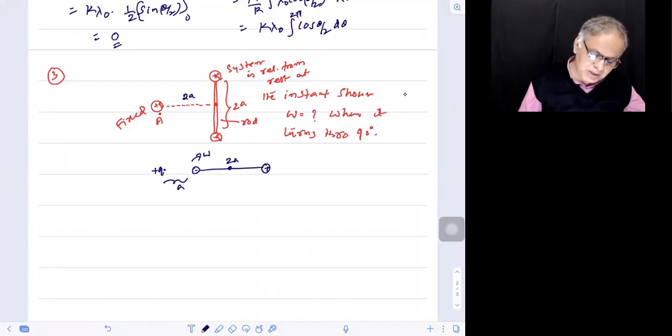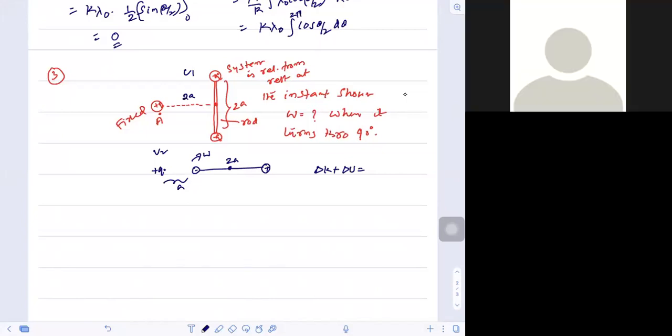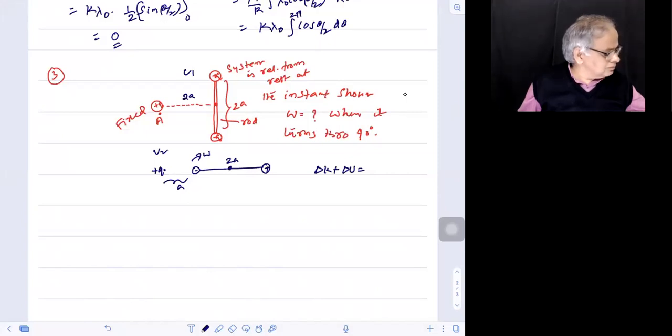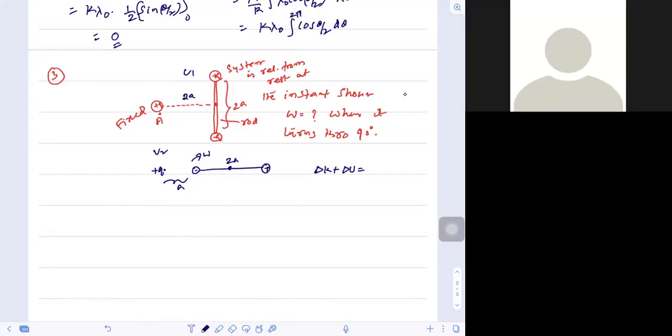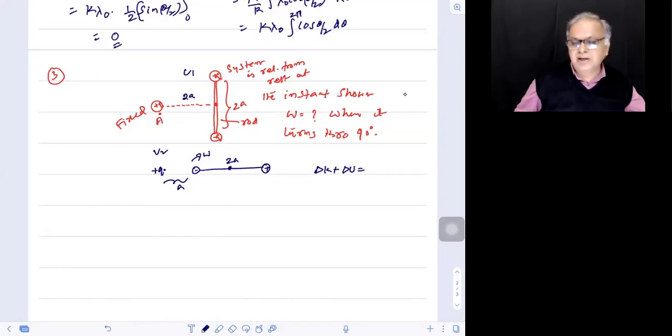Say the whole system's potential energy is U1 here and U2 here. What can I write? Delta K plus delta U is equal to 0, or work done by all the forces? Here it should have been mentioned that gravity is ignored.